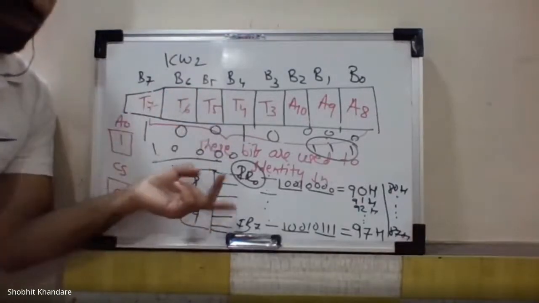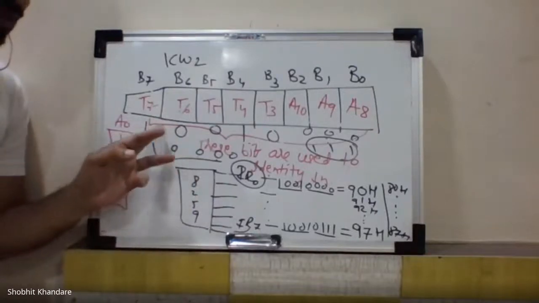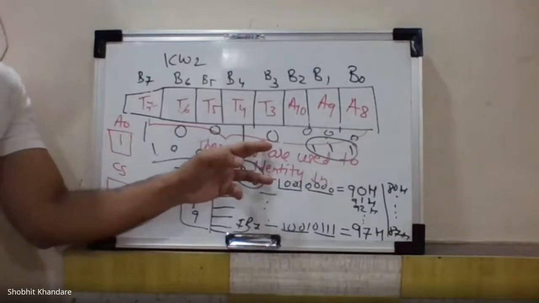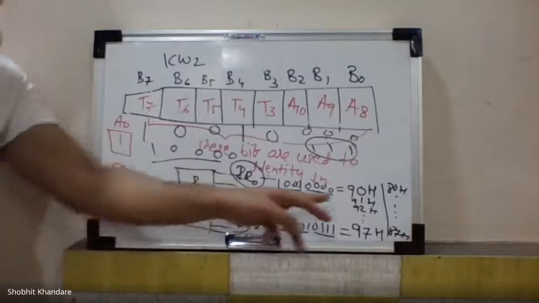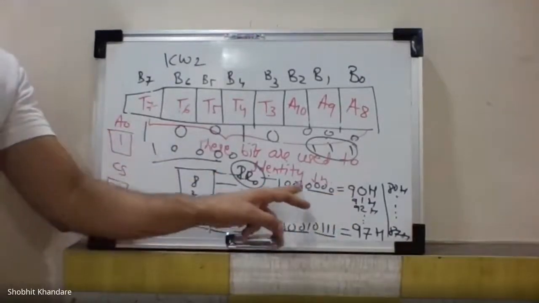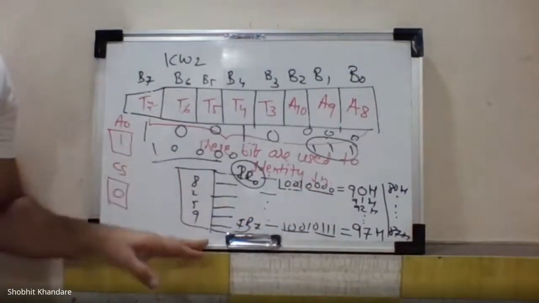You can explain with an example. If programmable bits are 10010, then IR0 is associated with type 90H. And how to get 90H? 10010000. Similarly, you can write till IR7.